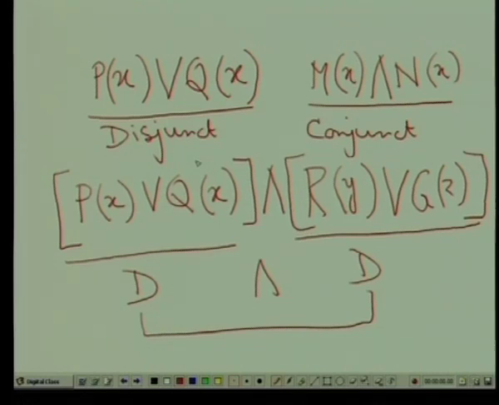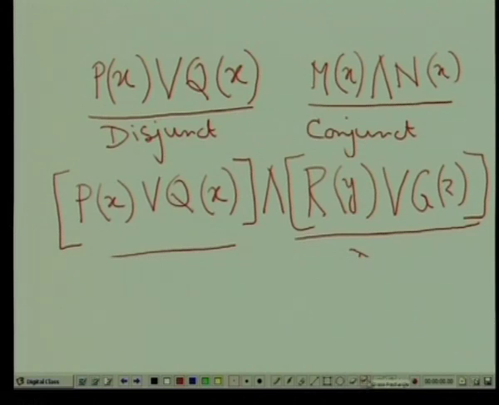Now, what is the implication of this? The implication of this is, if I have conjunction of disjuncts, say this one in whatever we have written, I just take that as an example, and if you just think a little while, you will realize that once I have conjuncts of disjuncts, then each of these disjuncts I can write down separately.